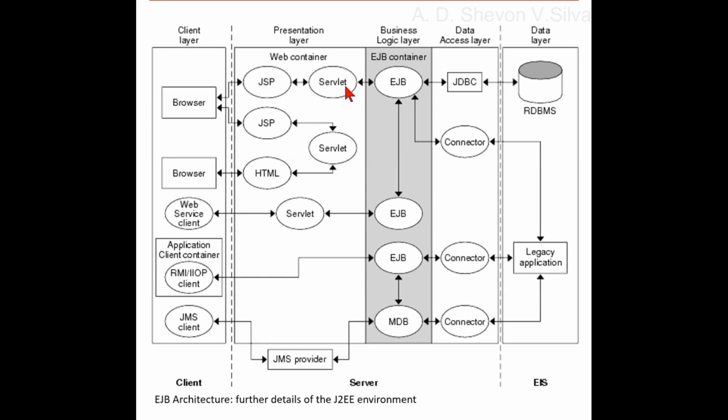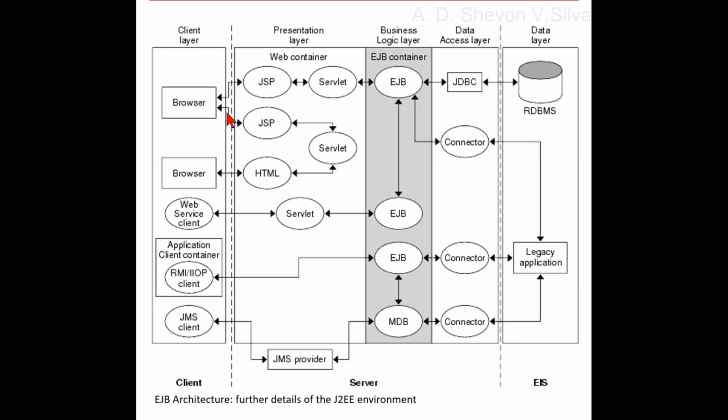Servlets interact with EJB in the EJB container, and EJB interacts with JDBC and connector and other EJBs. Here JDBC interacts with RDBMS, and EJBs interact with connector, and connector interacts with the legacy application.